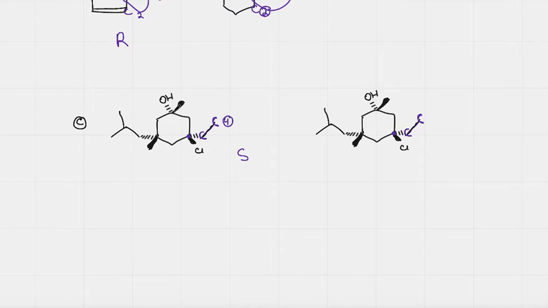So now let's look at this carbon. This carbon is connected to an OH group, it's connected to a methyl group, and if you go to the left, it has these two groups, and if you go to the right, it has these two groups which are different. So this carbon is a stereogenic carbon, and we're going to assign priorities to all the groups that it is connected to.